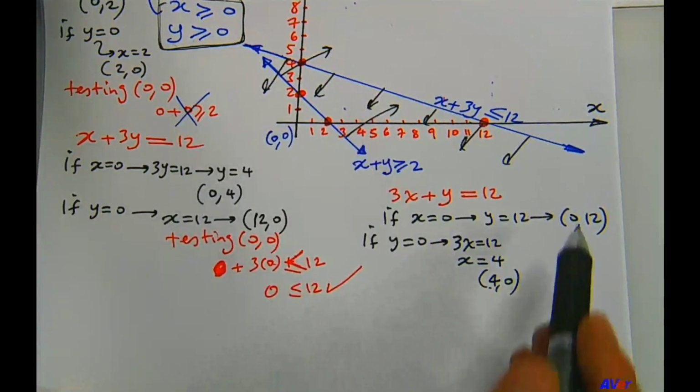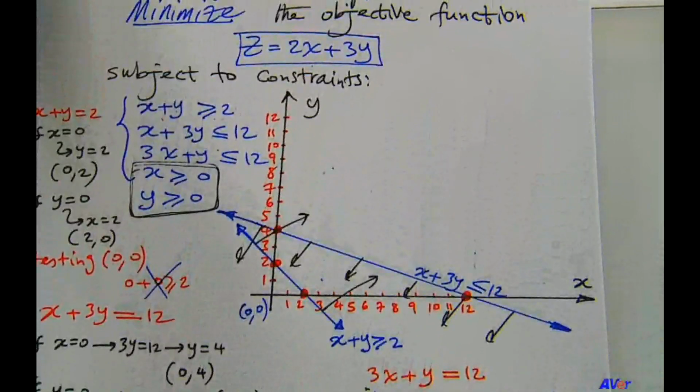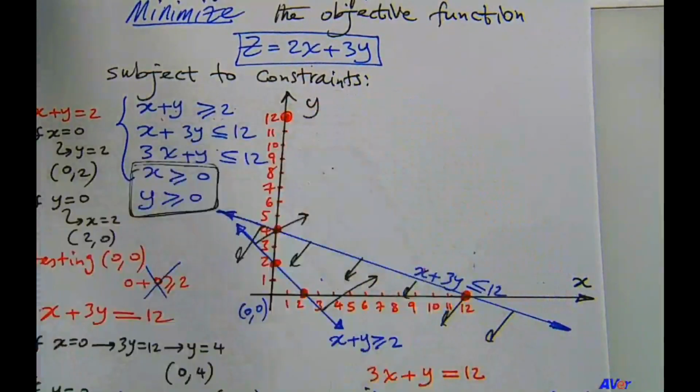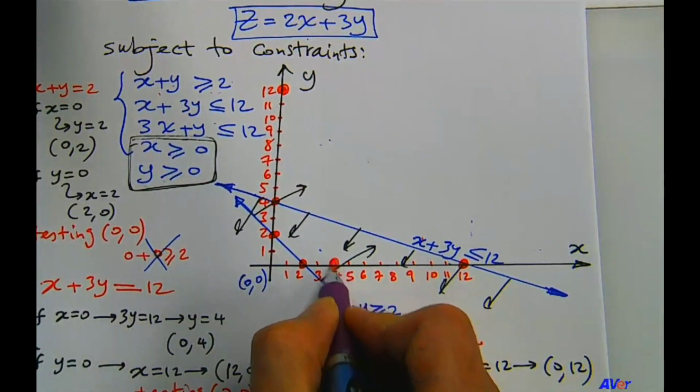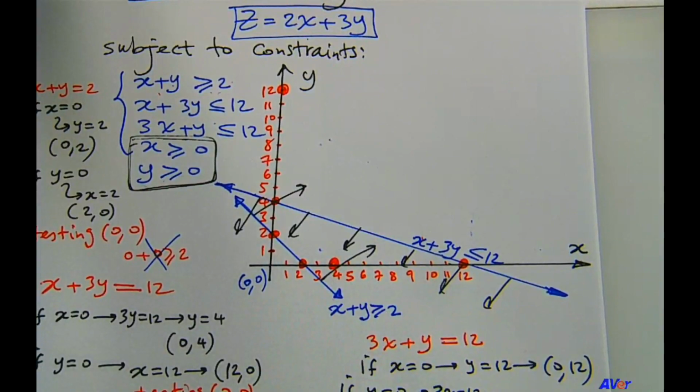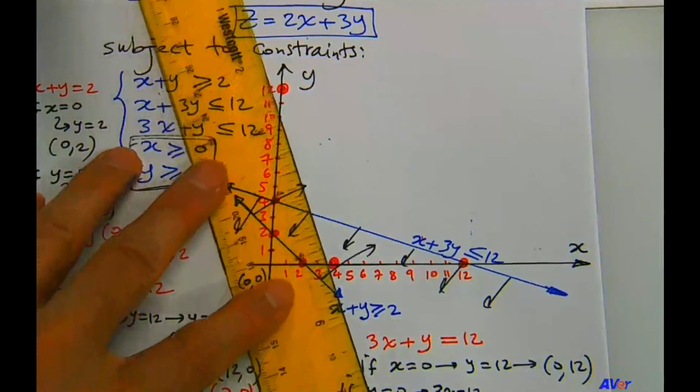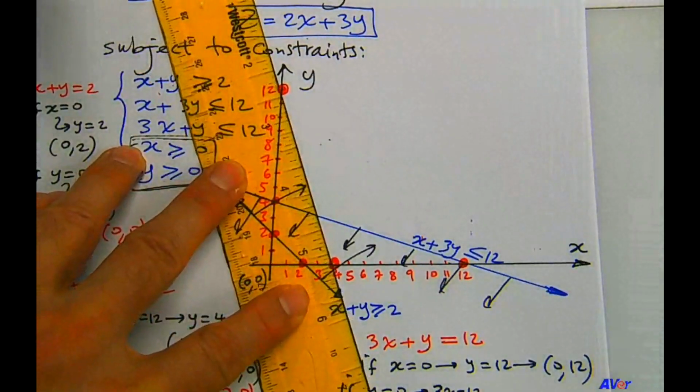So let's plot it. (0, 12) would be way up here. That's (0, 12). And (4, 0) would be this one. Let's connect those with a solid line like that.